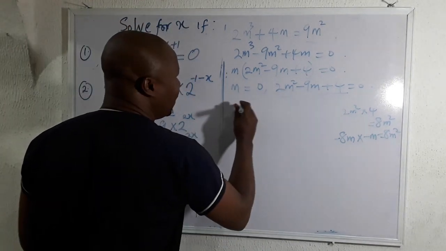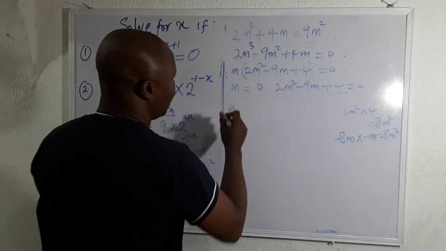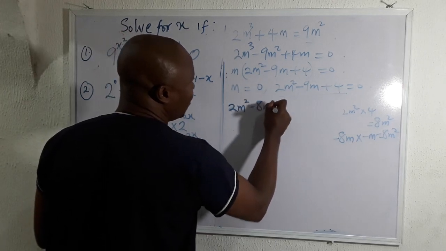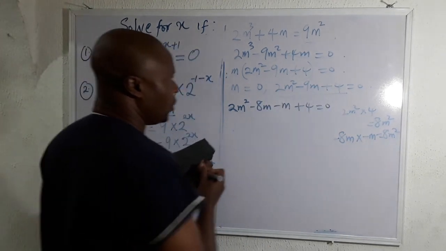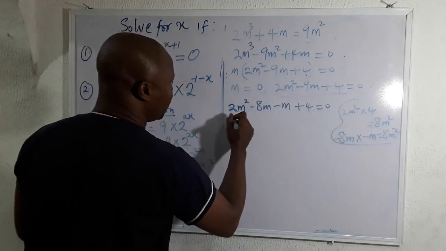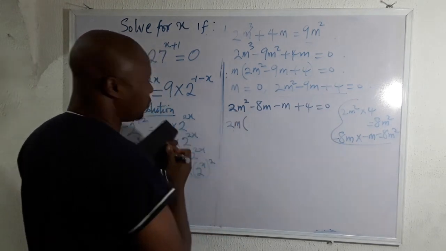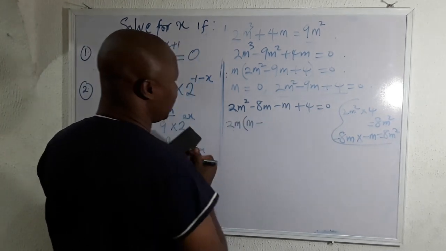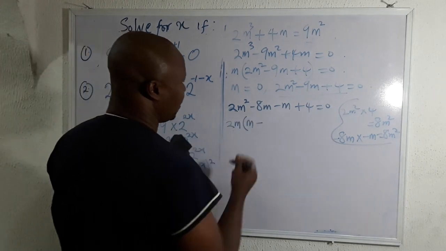So that will be 2m squared minus 8m minus m plus 4 is equal to 0. Now we can factorize this. The common factor here is 2m into this: 2m squared divided by 2m is m, minus 8m divided by 2m is 4.